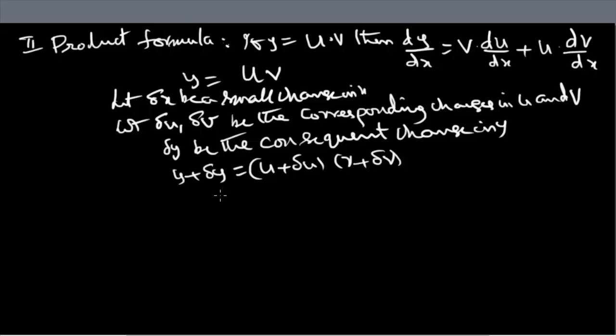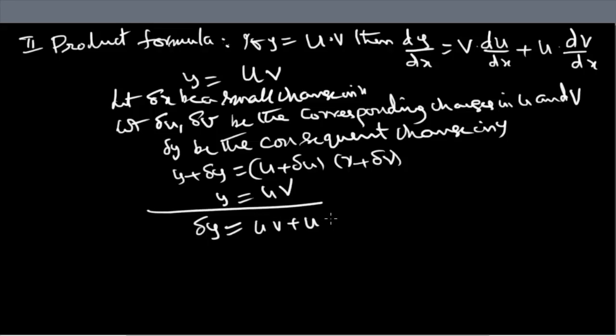Below that you write y is equal to uv, subtract. Delta y is equal to, now first one you multiply: uv plus u delta v plus v delta u plus delta u delta v, and then minus uv.